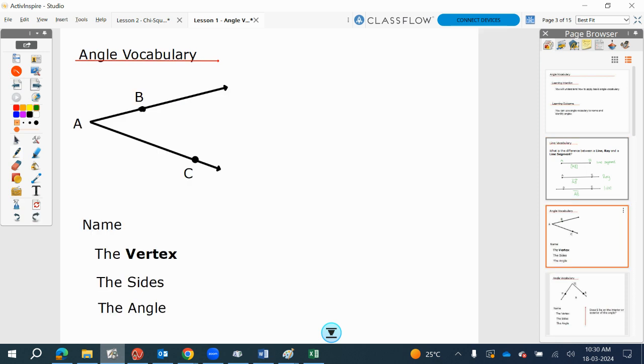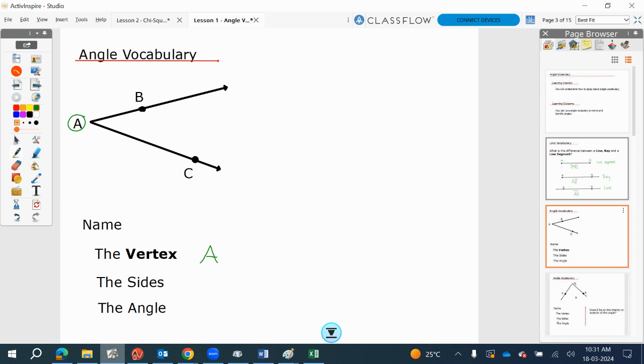Angle vocabulary now. We have to be able to identify the difference between a vertex, a side, and an angle. So our vertex is a corner. This is a corner. So we have the vertex A, and we could describe it using the letters that are given here.